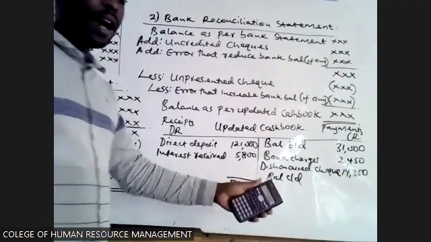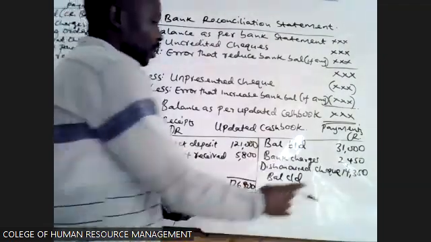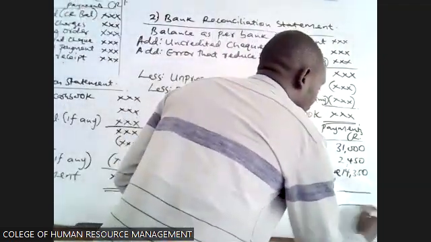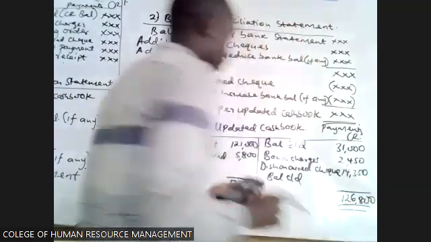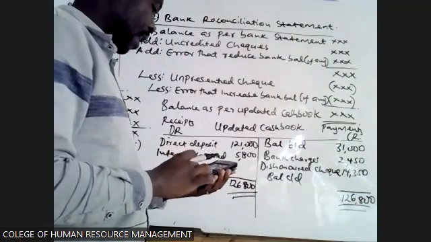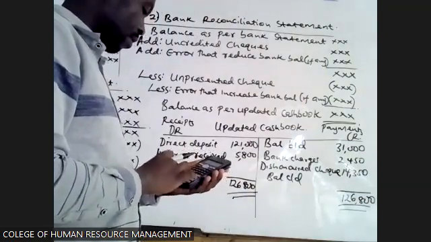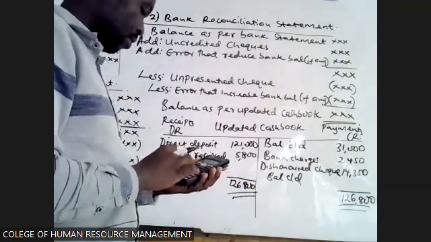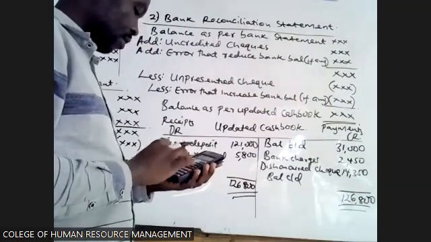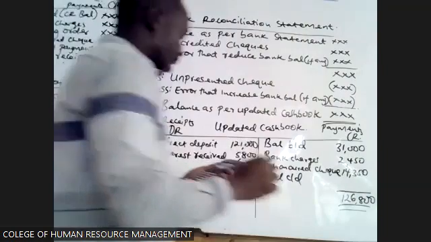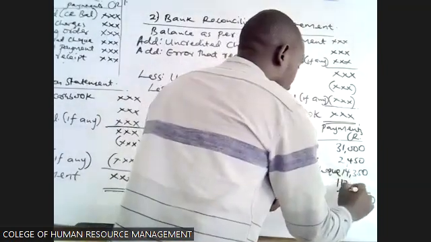This is the balance as per the updated cash book. So there's a figure we must insert there so that we can have 126,800 here. We shall take that figure minus, you add, getting 112.